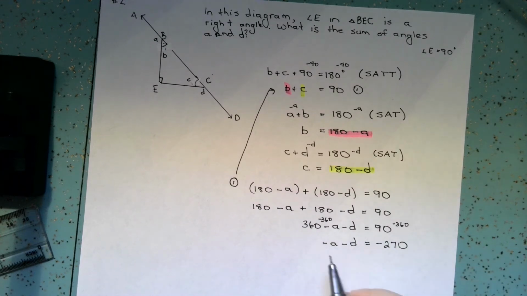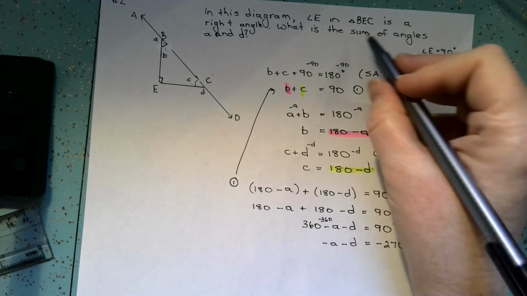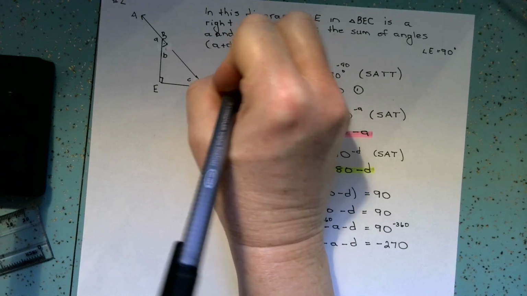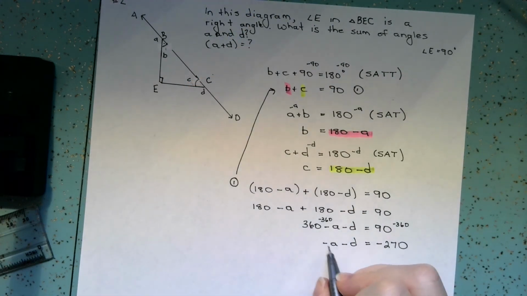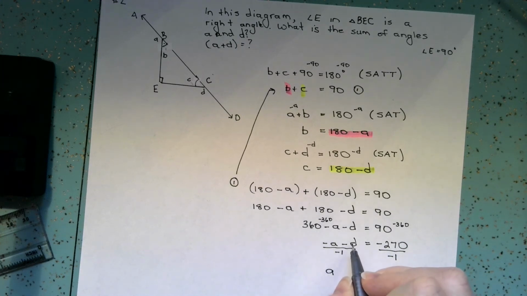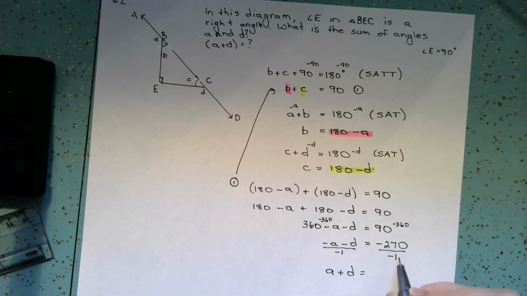Well, I need a positive A and a positive D because it's asking me what is the sum of angles A and D. So I can now divide this side by -1, and I can divide this side by -1. When you divide an expression by -1, remember you have to do both divisions. So -A divided by -1 is positive A, and -D divided by -1 is positive D, and -270 divided by -1 is positive 270.